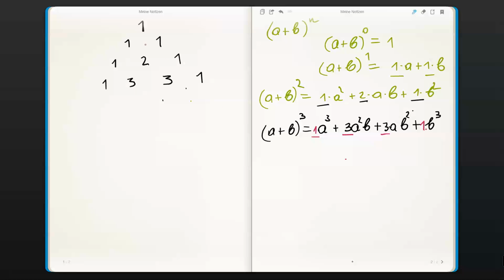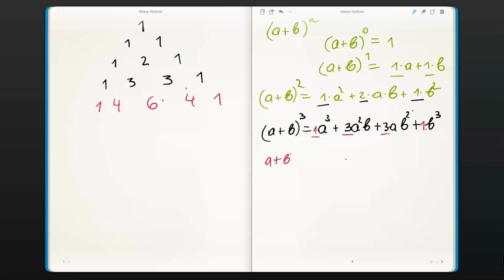And now you can compare it to the lines we have in the triangle, and you see it's perfectly the case. So without even multiplying anything out, you see that, 1, 4, 6, 4, 1.